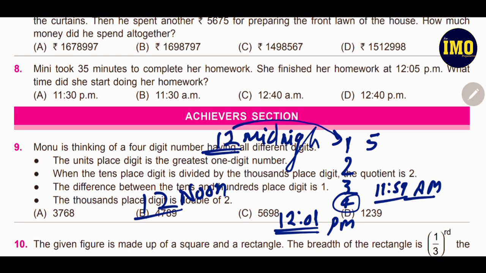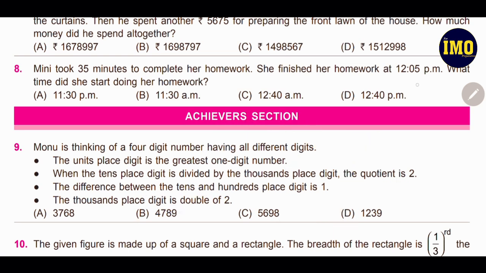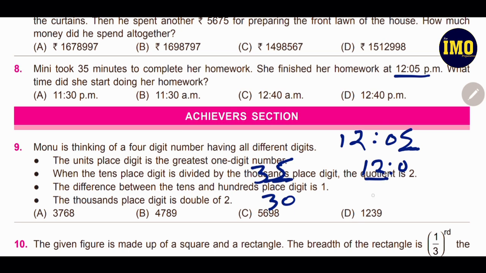Now, if we subtract 35 minutes from the given time, which is 12:05, I just take 5 minutes here. We need to take 35 minutes. So first of all, we take the 5 minutes. So here it becomes 30 and here it becomes 12. Why? Because we take the 5. So if you take 5 here, from here too, because we need to balance it. Now, when we subtract 30 minutes from 12 o'clock, you get 11:30.